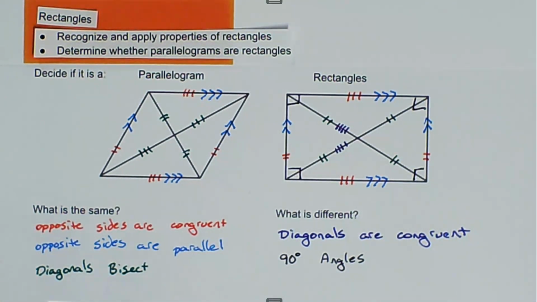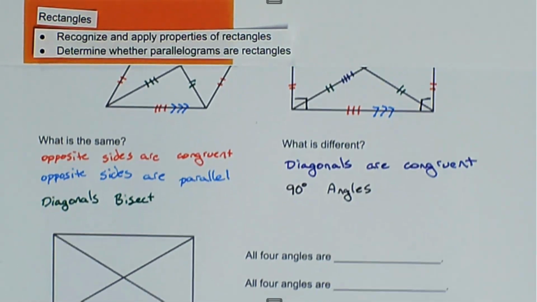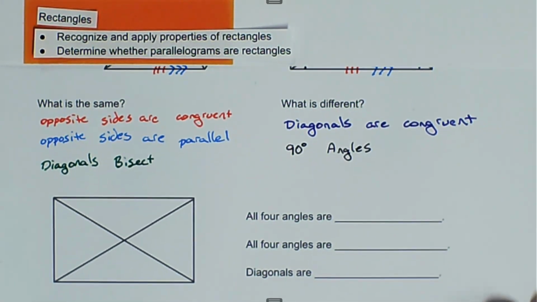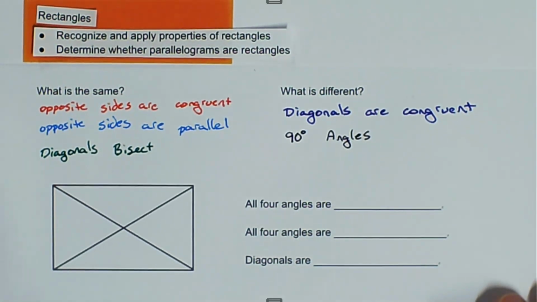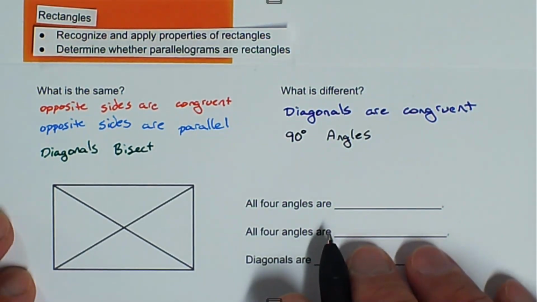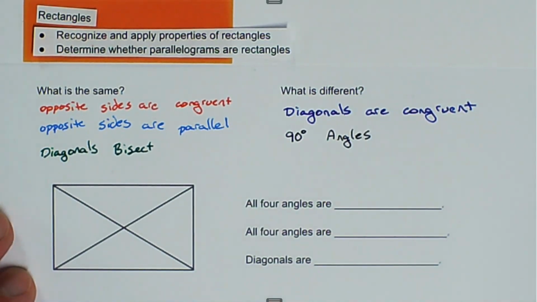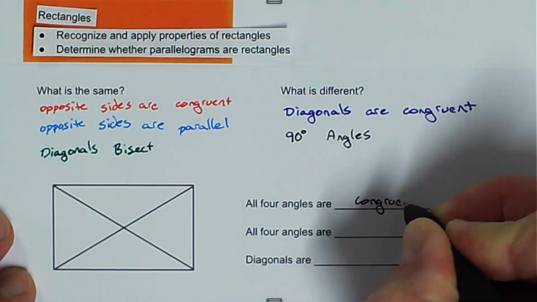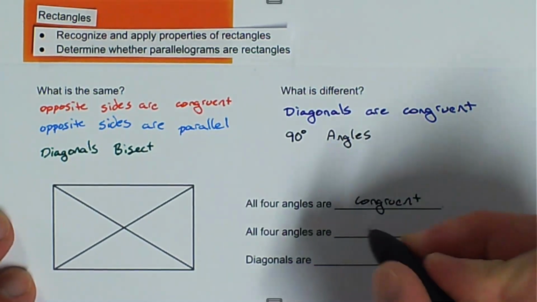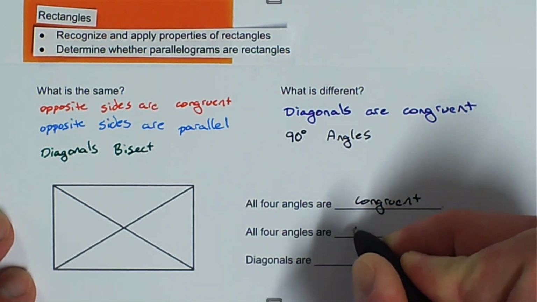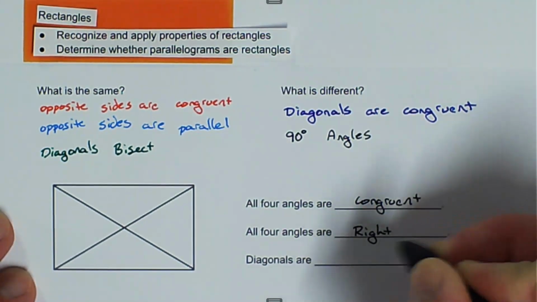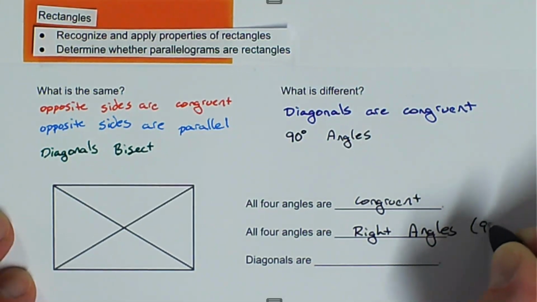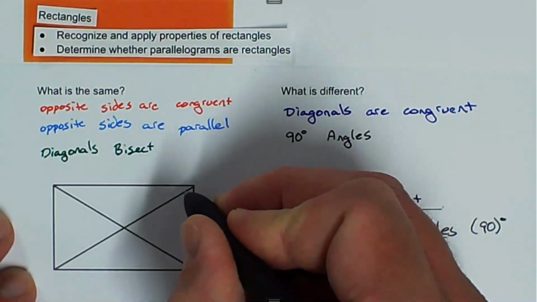So to summarize some things that are a little bit different between a rectangle and a parallelogram, all 4 angles are congruent. All 4 angles are right angles, which is 90 degrees. So we can mark that.